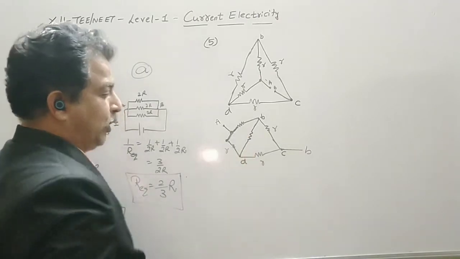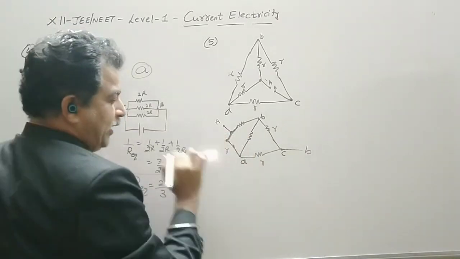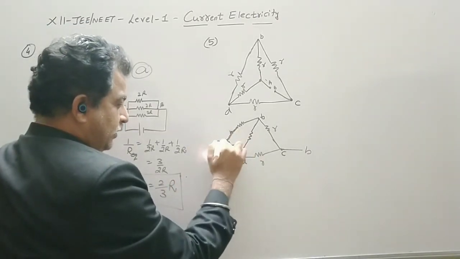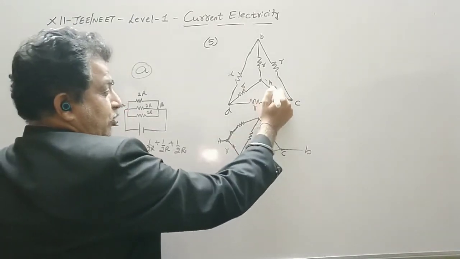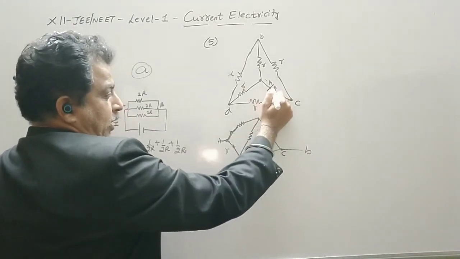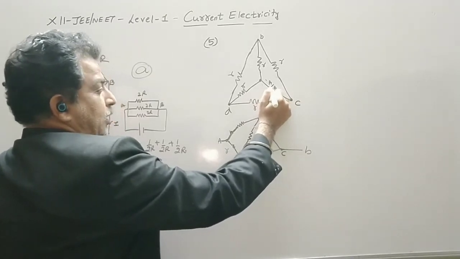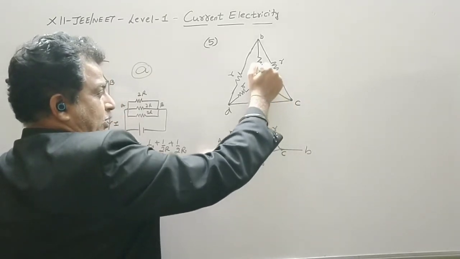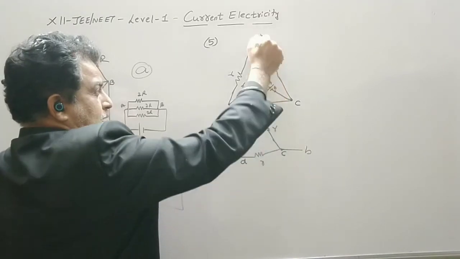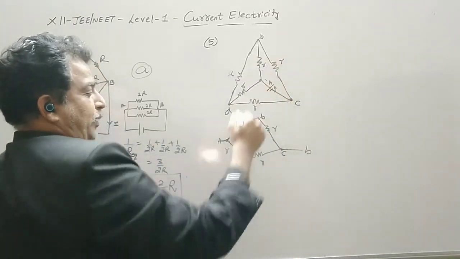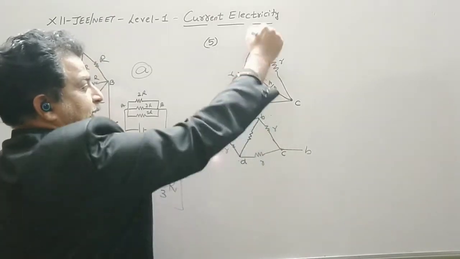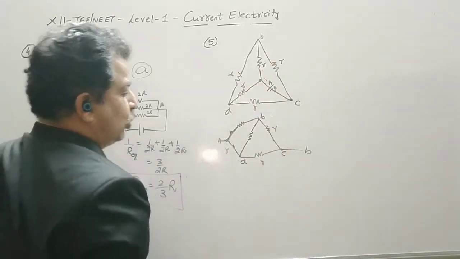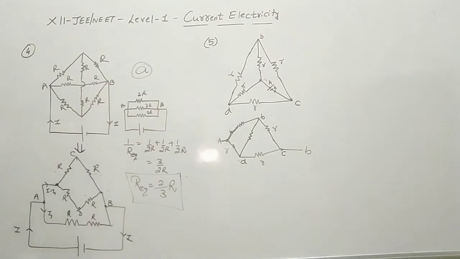So they are at the same potential. If we assume that this is a positive terminal and connect a cell, this positive terminal is connected with these two resistances, that is between capital A small b, capital A small d, then BD. So you have to visualize the things.